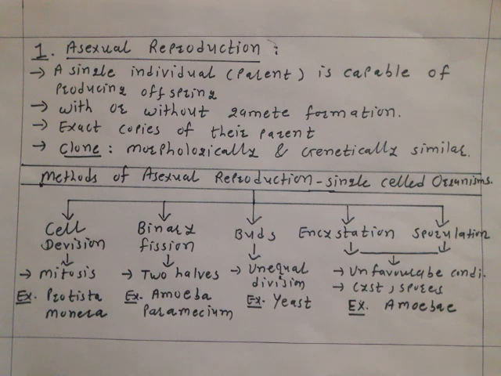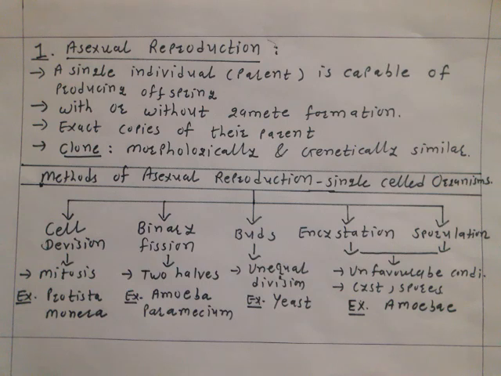Fourth type, encystation and sporulation. This type of asexual reproduction is observed in amoeba. During unfavorable conditions, a cyst-like formation takes place around the body of the amoeba. Within this cyst, the nucleus divides many times and many nuclei are formed.